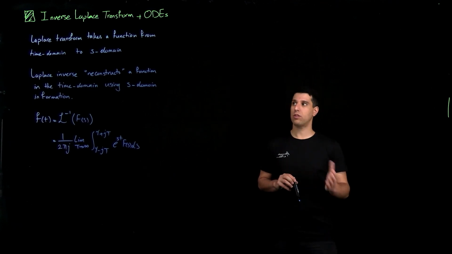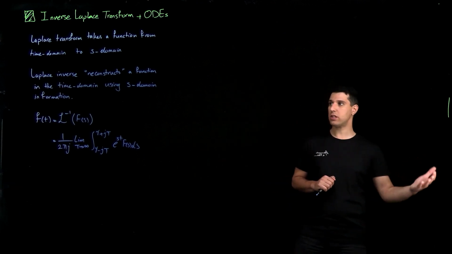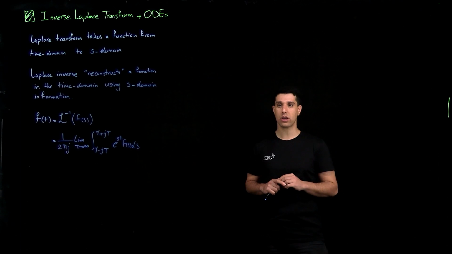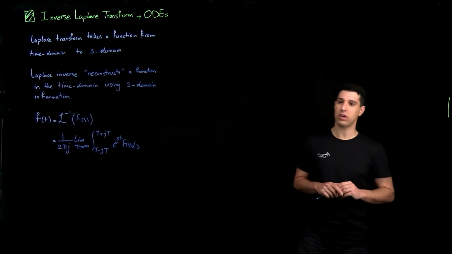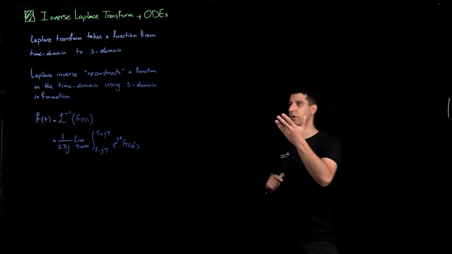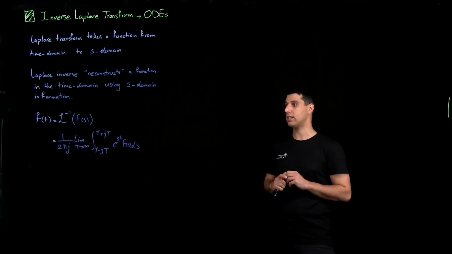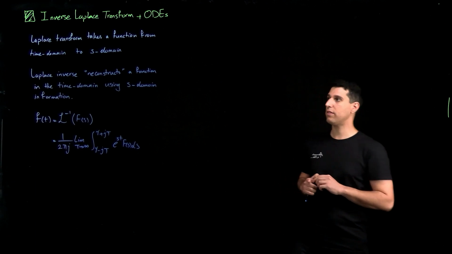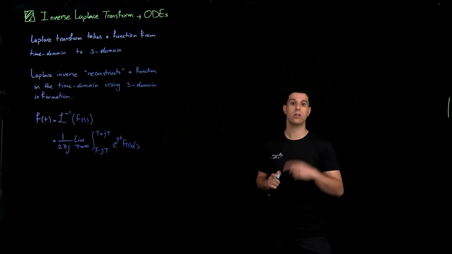Now, the reverse of that is to take that information and reconstruct the function back into the time domain using the existing knowledge available to us in the S domain. So this is a very important and necessary step in closing the loop.